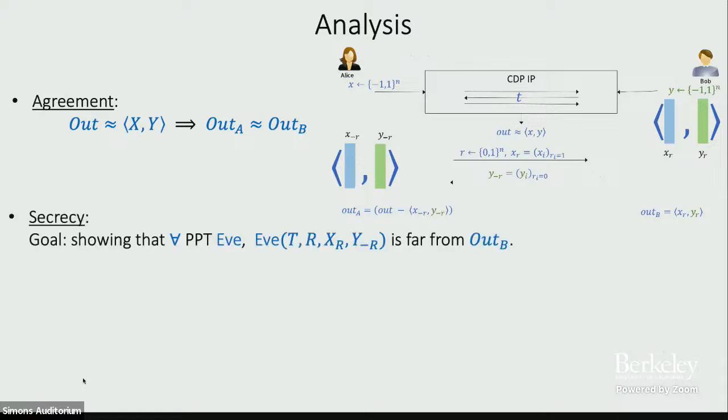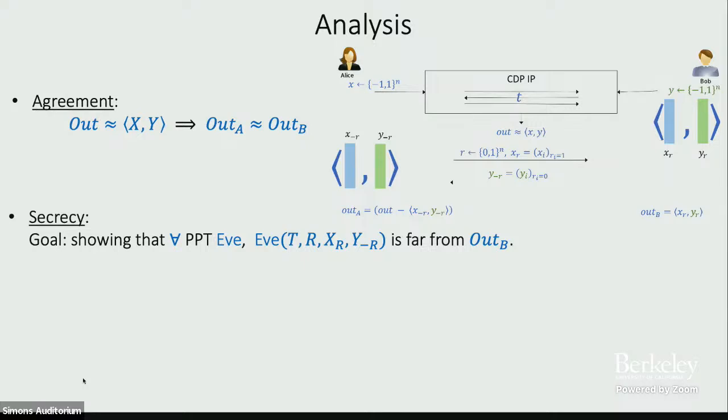And what we need to achieve for secrecy is that no polynomial time adversary Eve, given the transcript of the inner product protocol, the set R, x_R, and y_{-R}, all the transcript of the key agreement protocol, can output something close to the output of Bob.